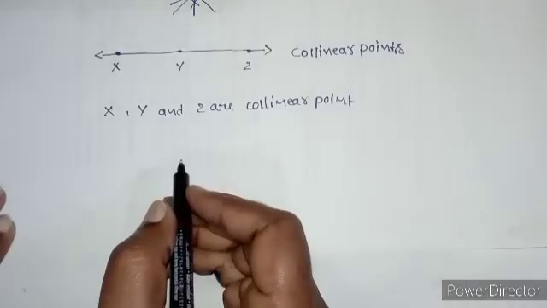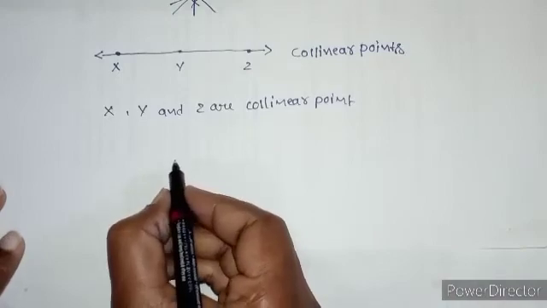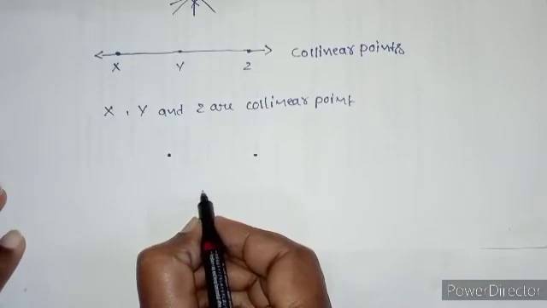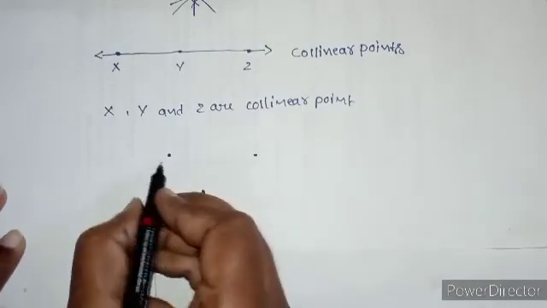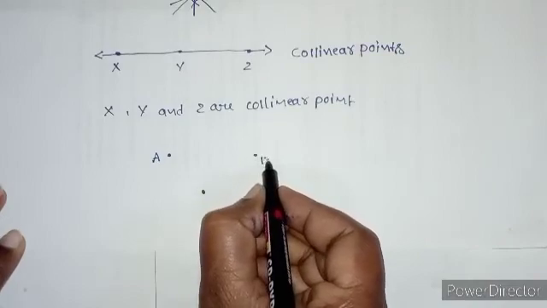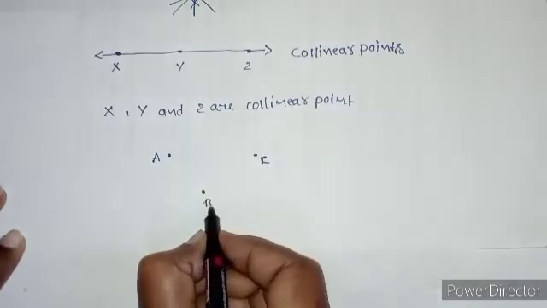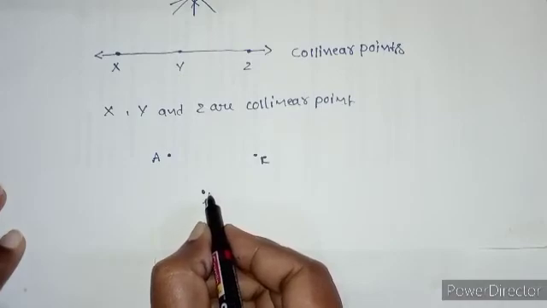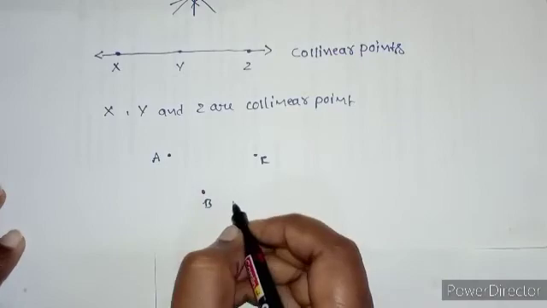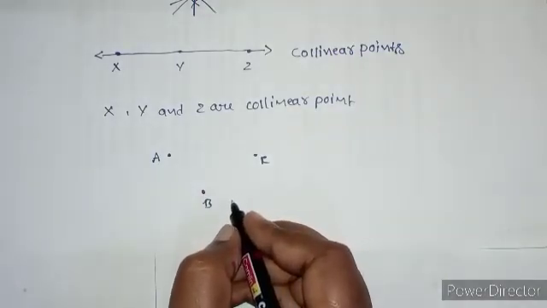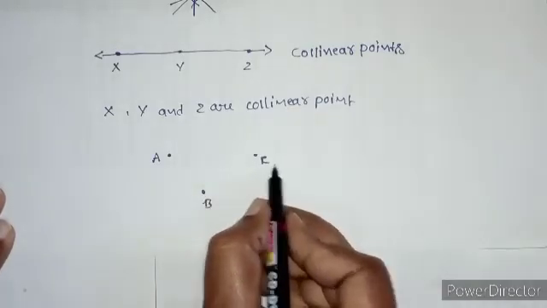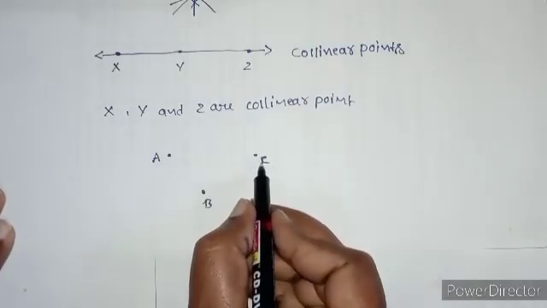Students, next all of you see here. This is one point, and this is one point, and here is one point. I am going to give names to these points, A, and here C and B. Here there will be 3 points, right? A, C, and B. Here the 3 points are not lying in the same straight line, right?